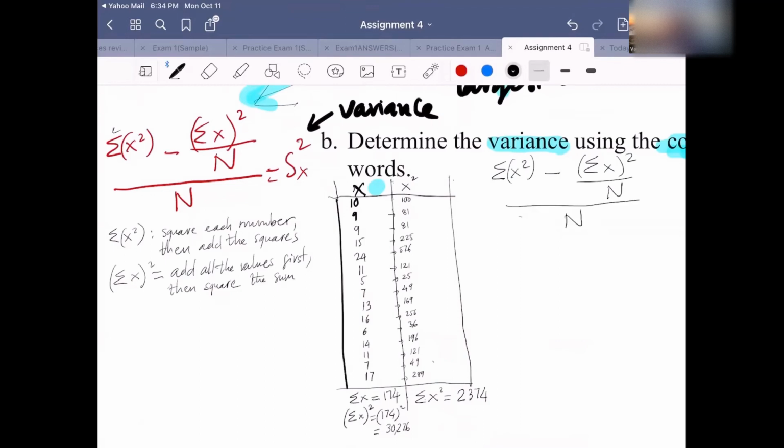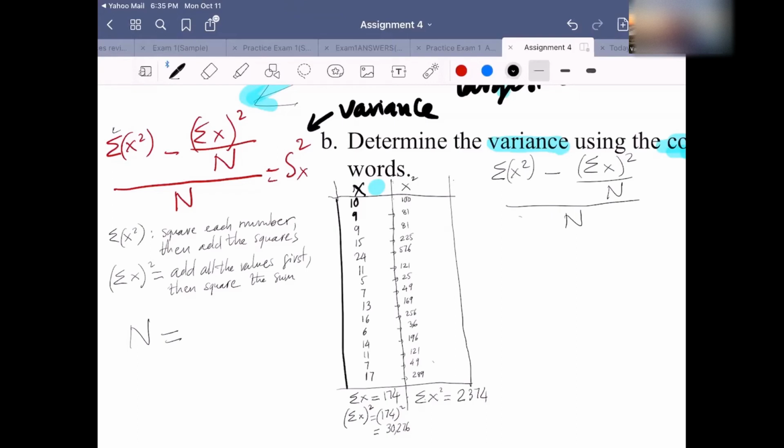What is n in this case, everyone? We haven't talked about n. What is n equal to? N is the sample size. Everyone, how many data values are there? That would be the n. If you count all the data values, how many are there? 15?